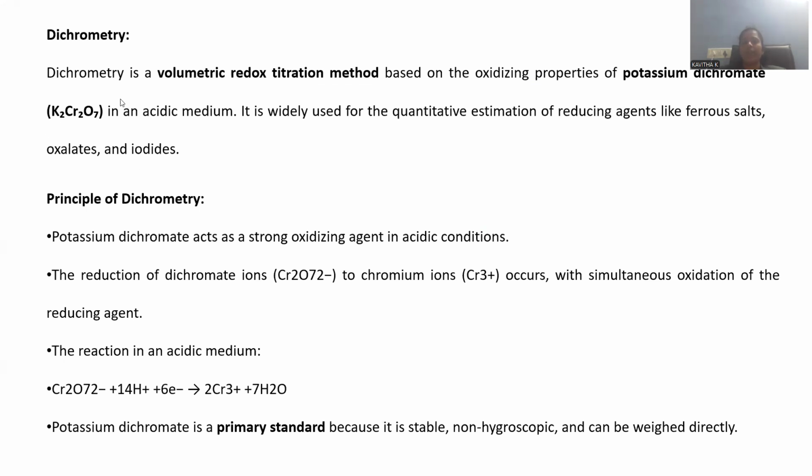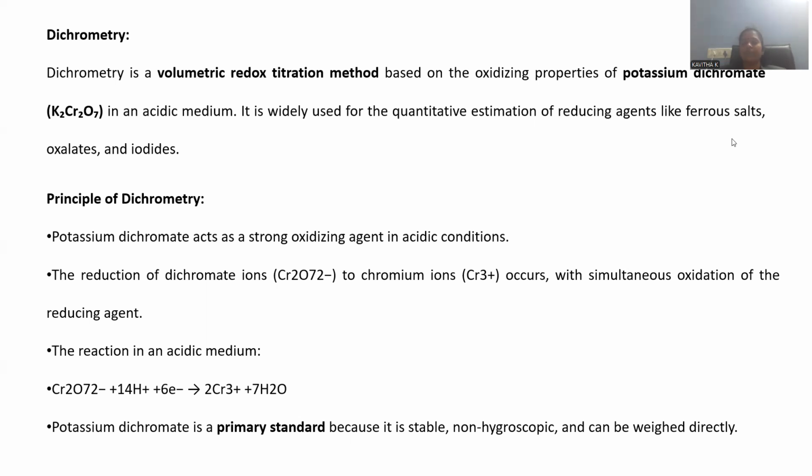Those dichromatic titrations are facilitated by acidic medium. It is widely used for the quantitative estimation of reducing agents like oxalates, iodides, and iron. Ferrous salts are also estimated. This is called what? Quantitative analysis. Estimations are accompanied. How many grams are present? How much amount is there? How many milligrams are present? If you are identifying, that is called gravimetric analysis.